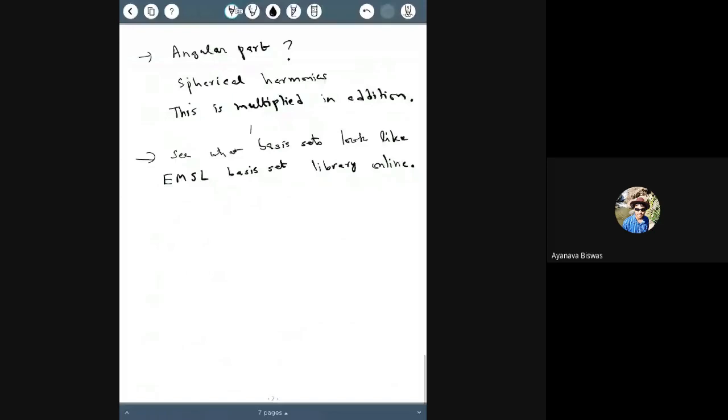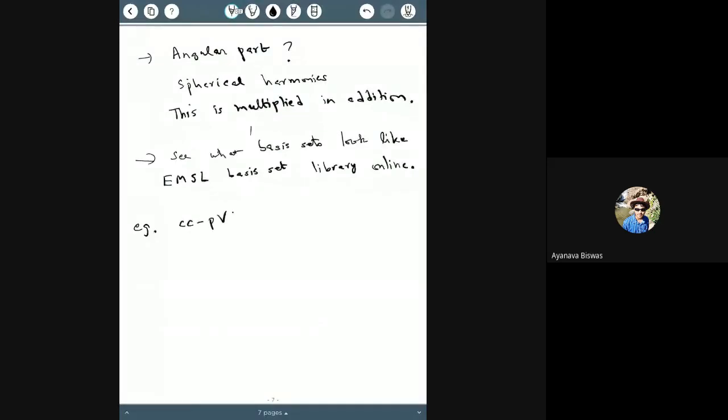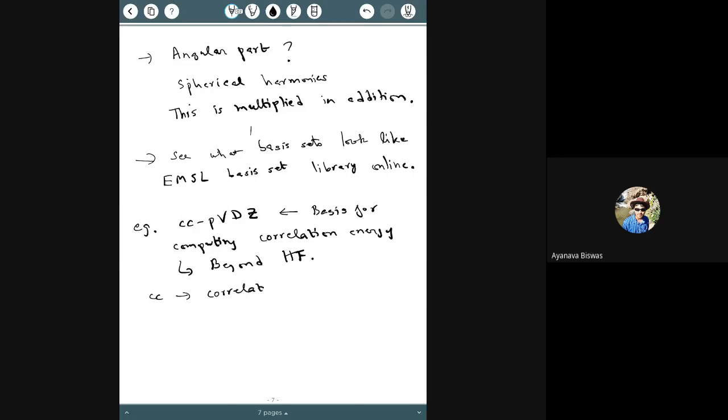Other examples are, let's see, cc-pVDZ. This is a basis meant for computing correlation energy, so beyond Hartree Fock. Here CC means correlation consistent.